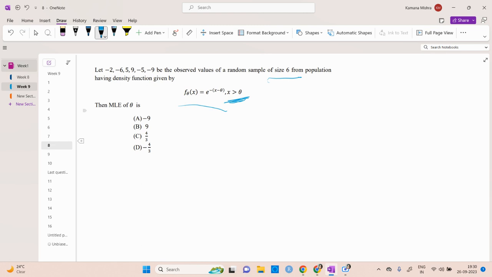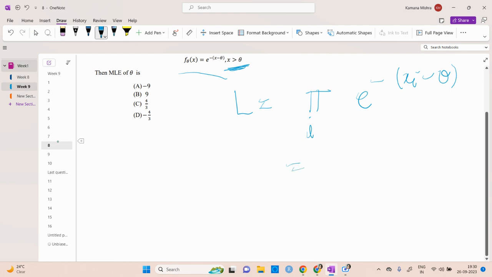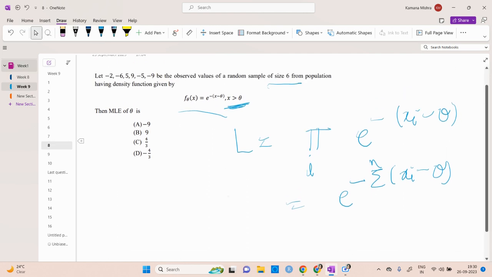So what we have here is f_theta(x). So firstly we will find L. So L is what? This multiplication will go as summation in the power, yes, i from 1 up to n.